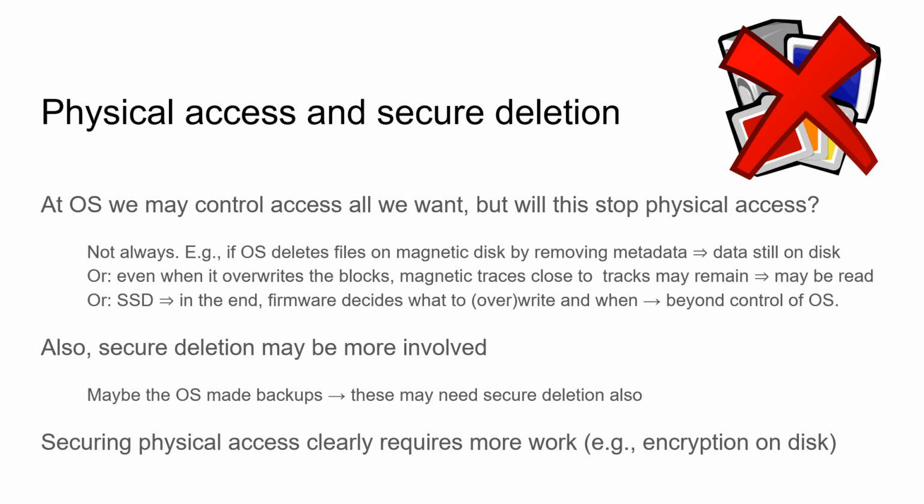So the operating system has no control over this. That means that deleting files securely is actually a difficult problem. And moreover, if you delete something, you have to be very careful in how you do the deletion, because maybe there are more copies than you care to think about because of backup processes, for instance.